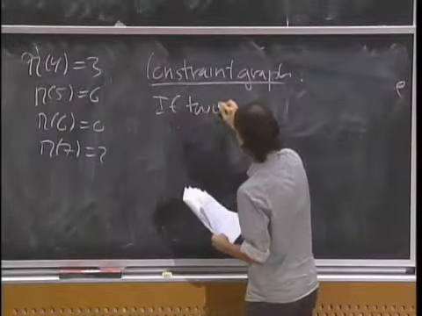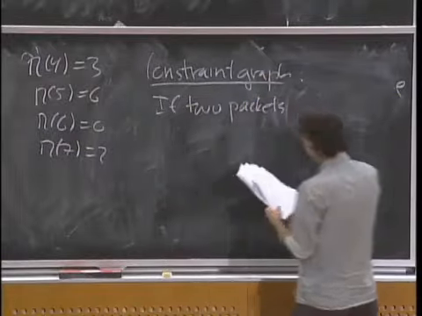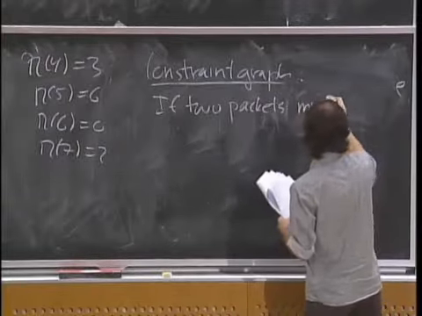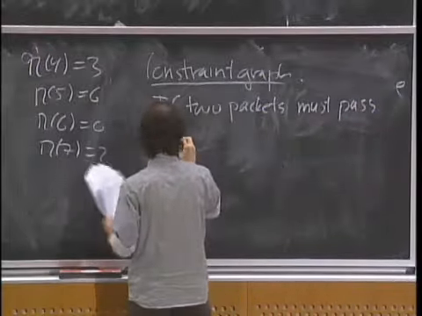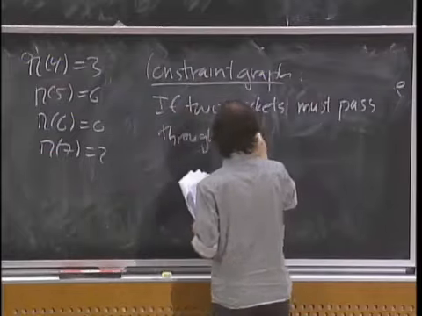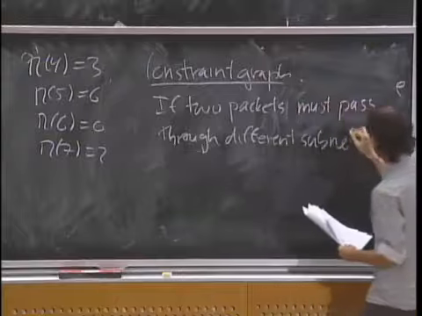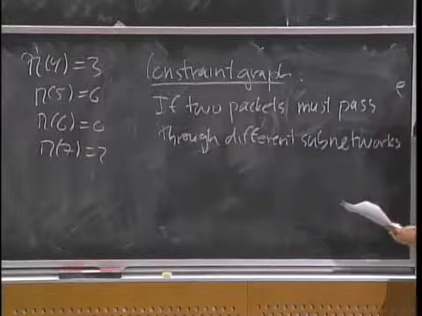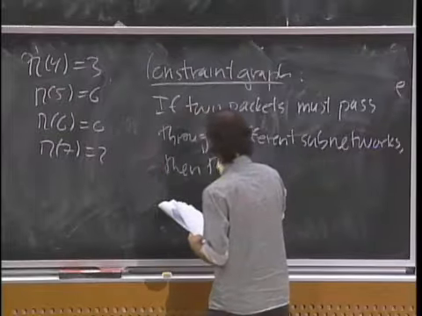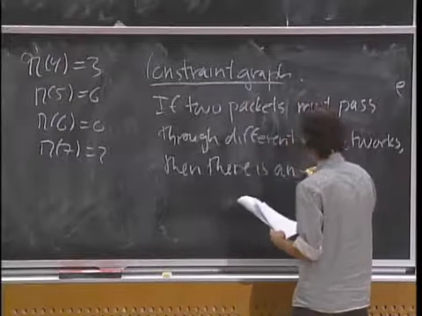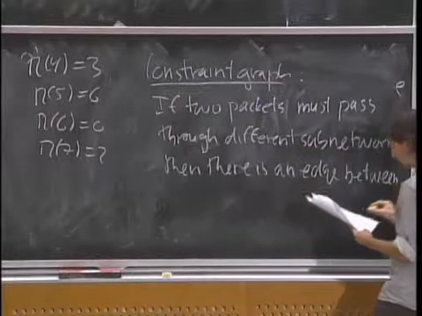If two packets must pass through different subnetworks, so in our case, the red and the blue subnetwork, then there is an edge between them. So for this example, we're going to set up this constraint graph.